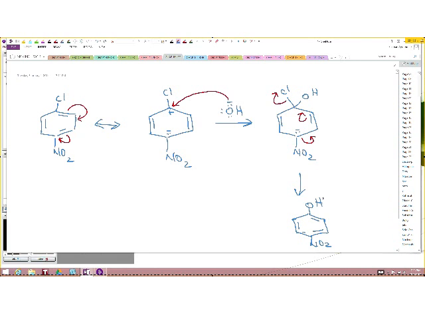So that's all we are going to say about the nucleophilic aromatic substitution reaction. Like I told you earlier, it is a fairly limited reaction, but it is commercially very useful.